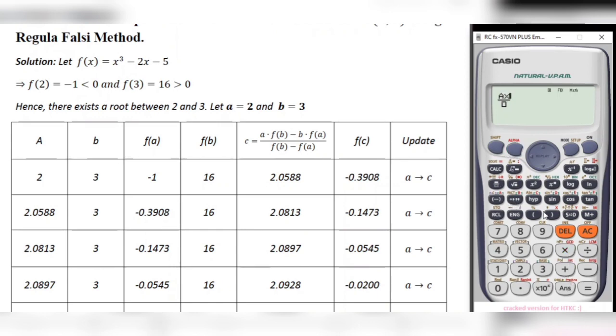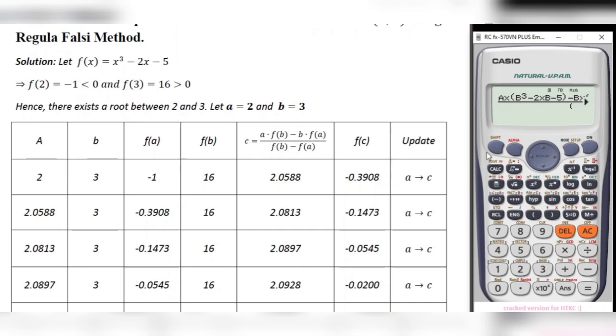A into f of b is b cube minus 2 into b minus 5, minus b into a cube minus 2 into a minus 5, divided by f of b minus f of a.